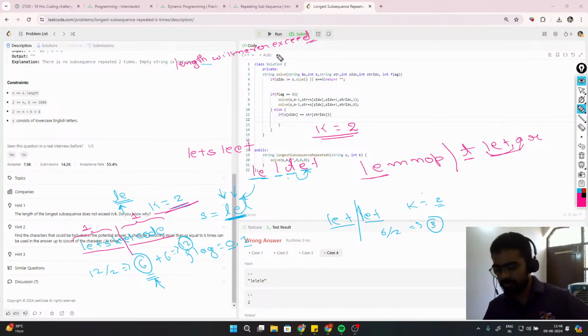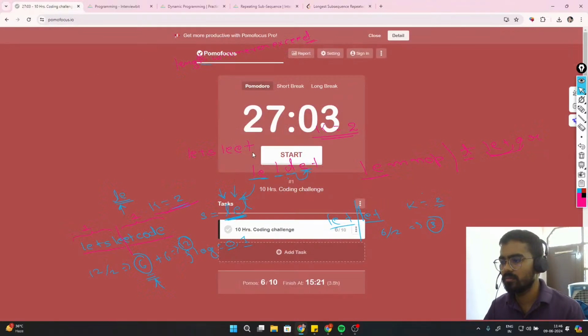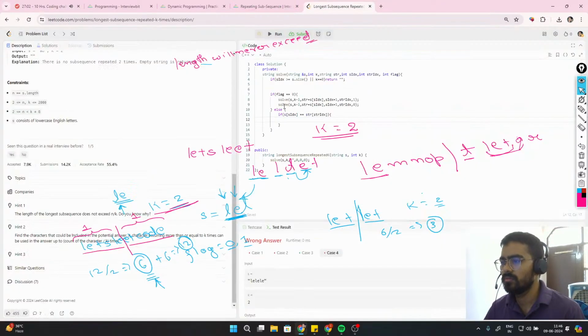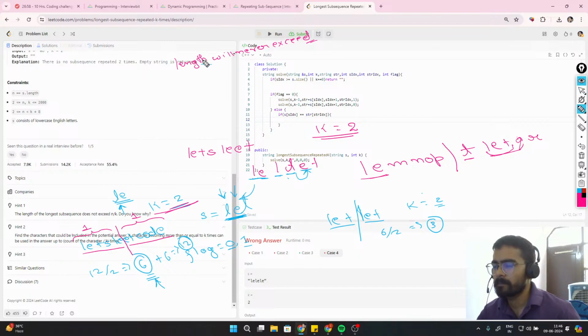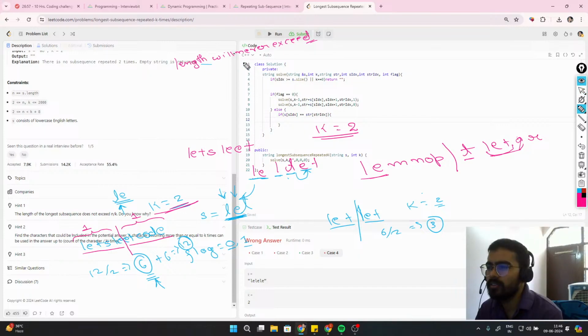What insight are we getting? Length will never exceed, what more can we find? Exceed n by k.